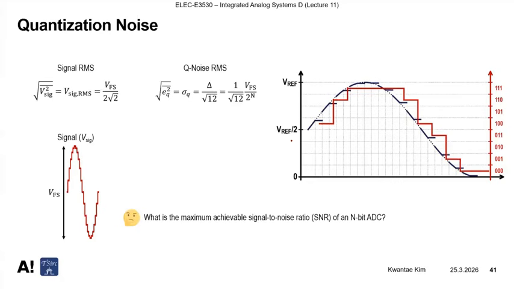For the signal part, let's say we are applying a sine wave as a classical analysis method. For the sine wave, we can calculate the RMS value. The definition of RMS is: take the square, take the average, and take the square root, then you get the RMS value.